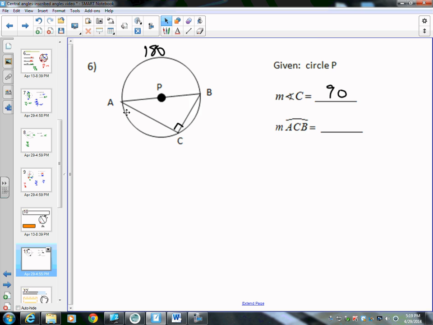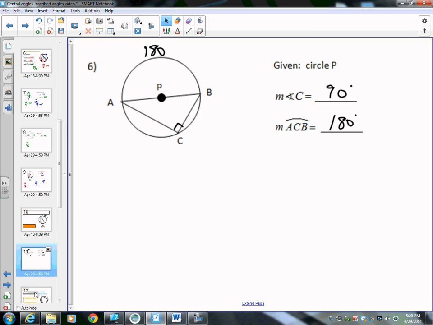And again, that was our theorem. It said if it's a semicircle, it's always going to be 90. The arc ACB, A to C all the way back around to B, is a semicircle, half a circle, so the arc is going to be 180 degrees.